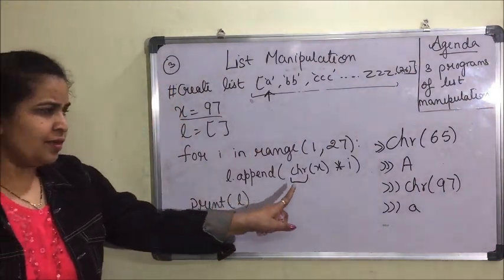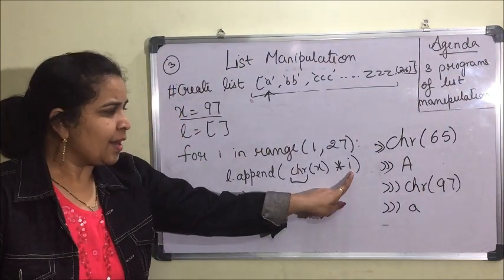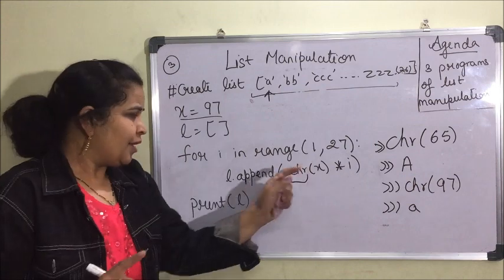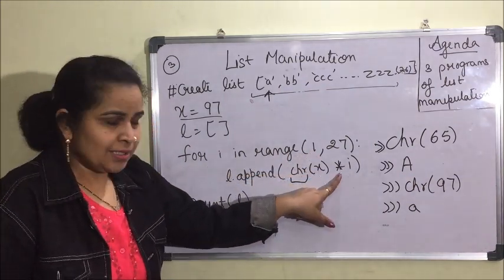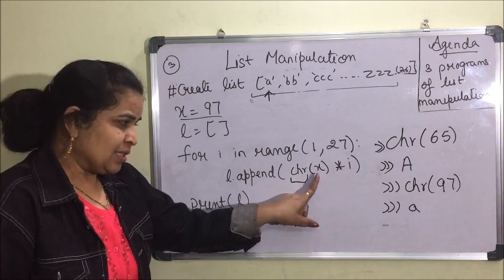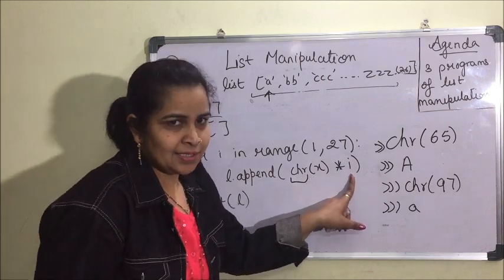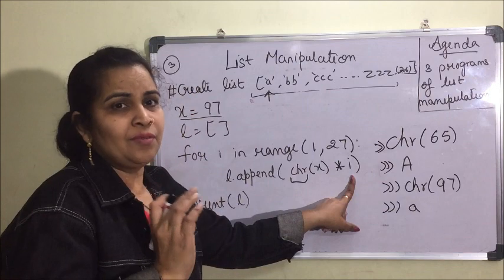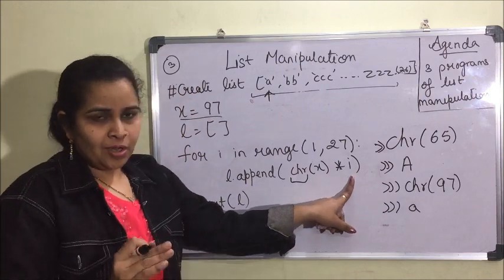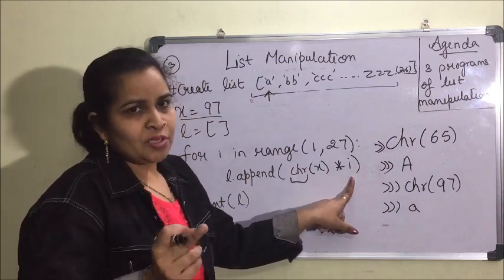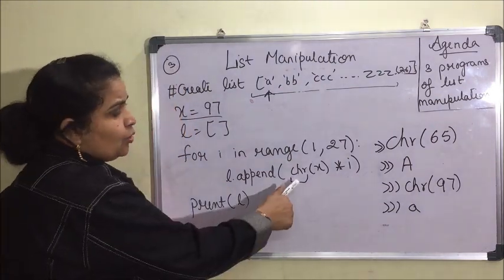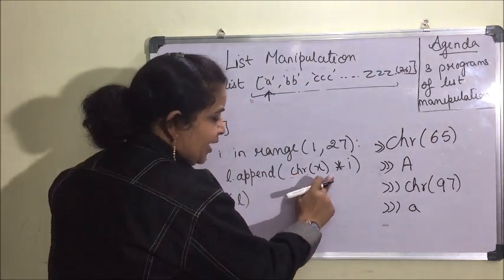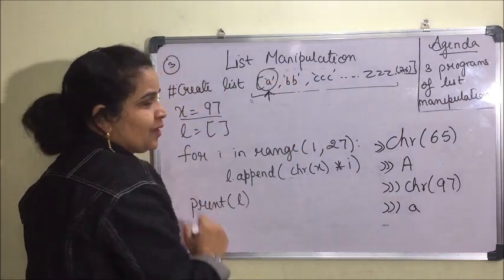Similarly, it will return the character multiplied by I. Initially, when the loop starts, the value of I will be 1. This is replication, obviously, because this is a string and this is an integer. This is a string operation. If you don't know string operations, please go to my previous videos and watch them. So this will return a one time, that is this value.